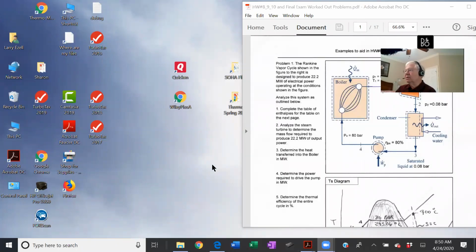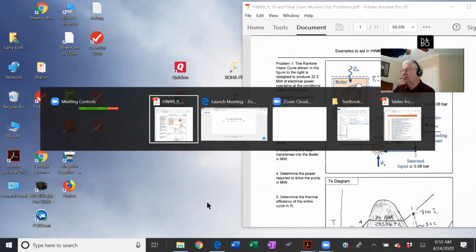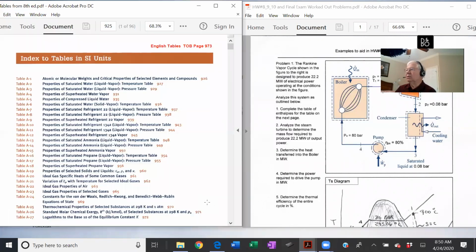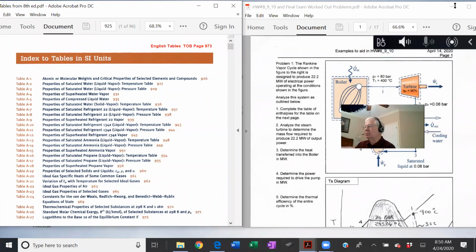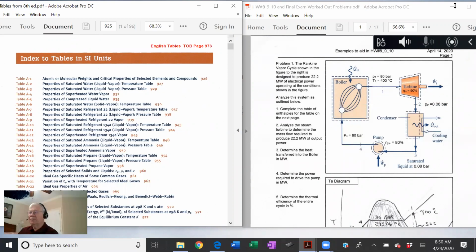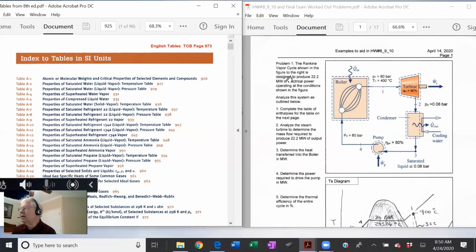This always gives me a little trouble, as you know. Okay, that looks good. Now share that. And I want to bring up the tables. So we'll be using the tables. I'm going to put my picture down here somewhere out of the way. Okay, so we're ready to go.